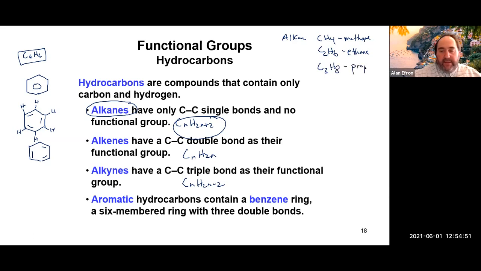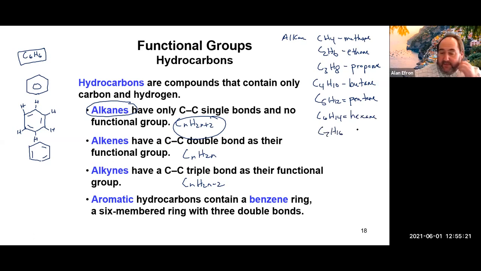That is propane. 4 carbons means 8 plus 2 is 10, which gives butane. 5 carbons, giving 12 hydrogens, is pentane. 6 carbons, giving 14 hydrogens, is hexane. 7 carbons, giving 16 hydrogens, is heptane. 8 carbons, giving 18 hydrogens, is octane. Like filling up your car.